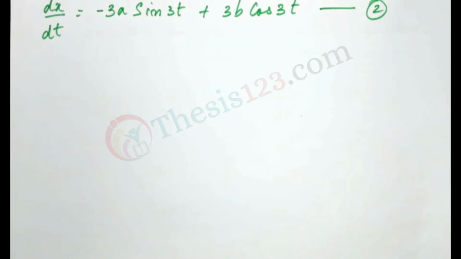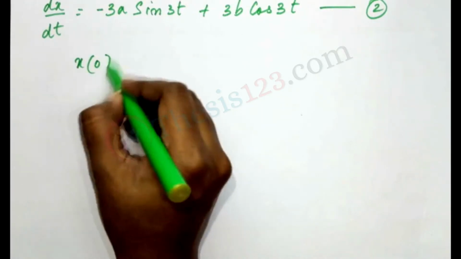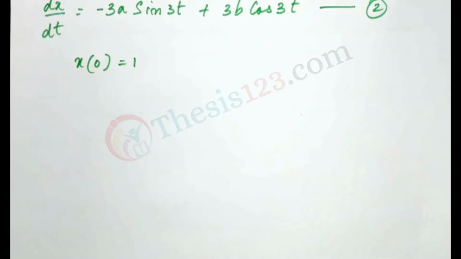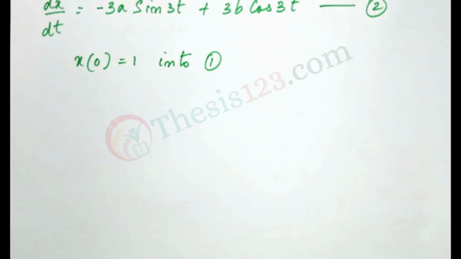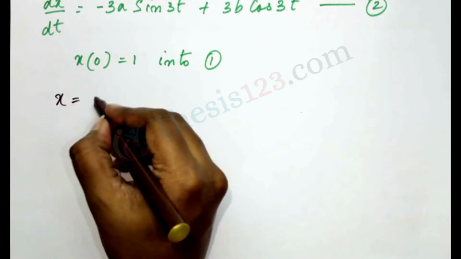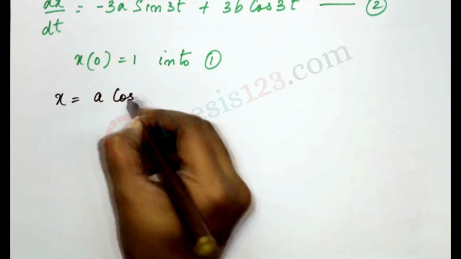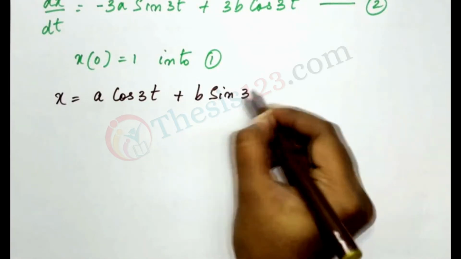The initial condition given to us in the question was x of 0 equals 1. So let's substitute this into the first equation. The first equation was x equals a cos 3t plus b sin 3t.